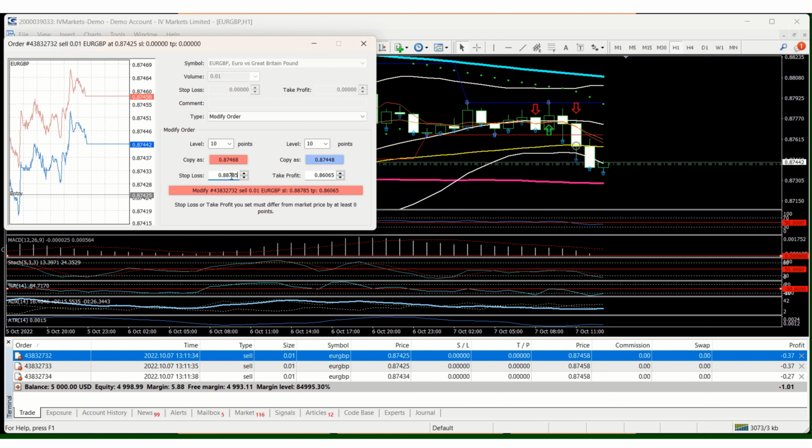So 0.87425 plus 0.0014 is 0.87565, which is my stop loss, and my take profit comes down to 0.87285. I'll modify this.